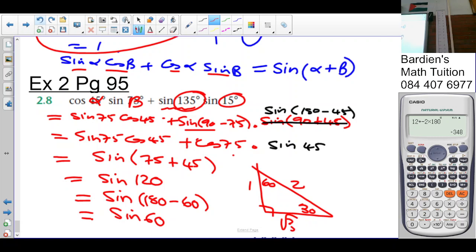So sine is opposite over hypotenuse. So it's root 3 over 2. Okay. Is that correct? Yes, sir. Good.